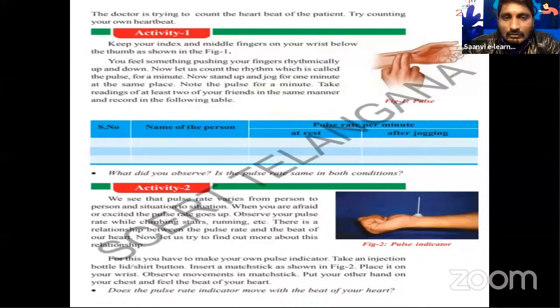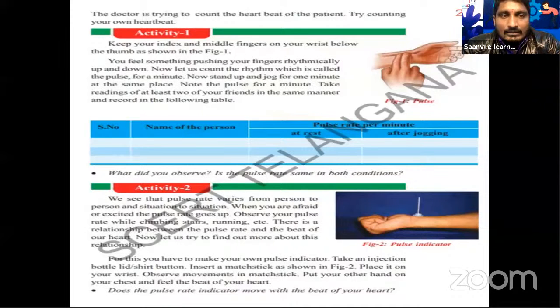So this is the concept, children, and thank you for your active participation. As time is up, I'm going to wind up the session. Don't forget to bring, or if possible, today itself we can collect a shutter button or injection bottle lid and a toothpick.